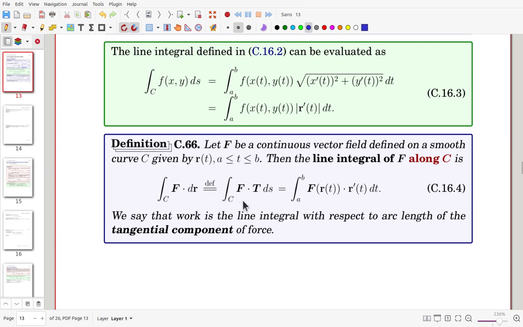In the definition, we integrate only the tangential component of the vector field, that is f dot T. T is the unit tangent vector, and that is r prime over the length of r prime. And ds is the same as the length of r prime dt, so this one will be cancelled, and then we reach this formula. That is for evaluation.